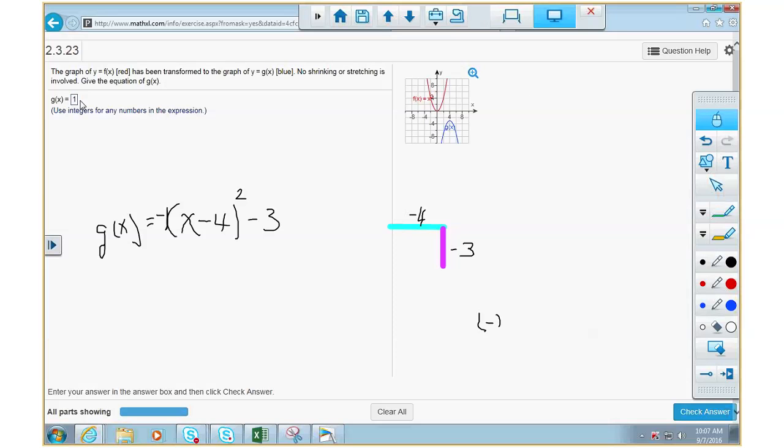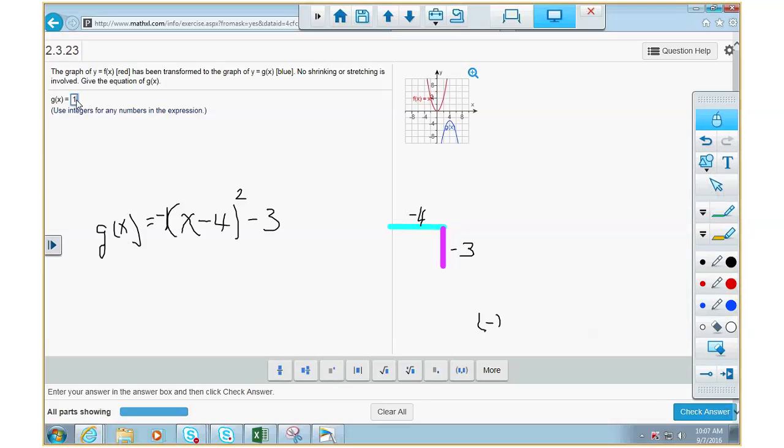So the answer would be, you type it in right here: negative, parentheses, x minus 4, raised to the second. How did you do the square again? What key? Shift 6.